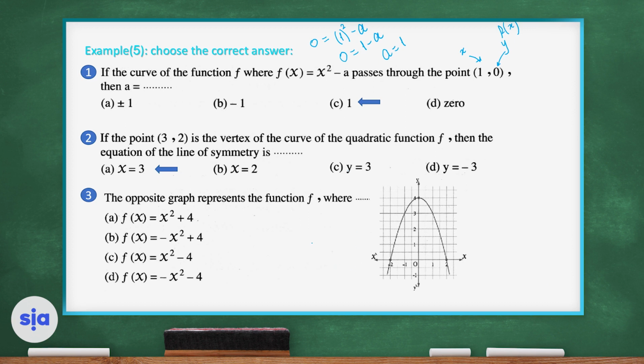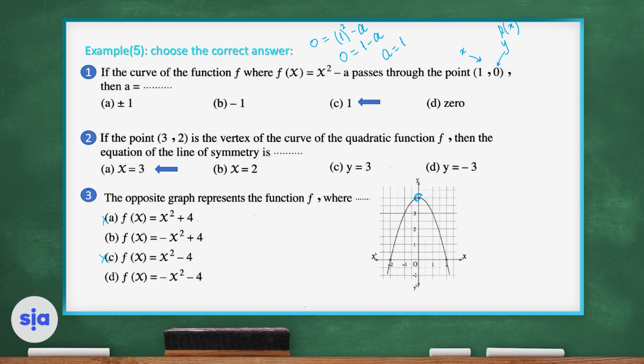Why? Because the parabola is an N shape, and an N shape means the coefficient beside x squared is negative. So here we can easily eliminate A and C. Now, where does the graph touch the y-axis?